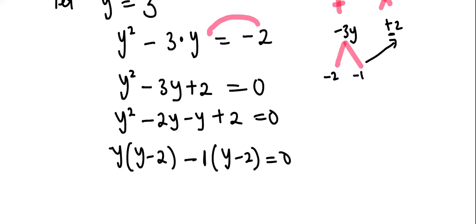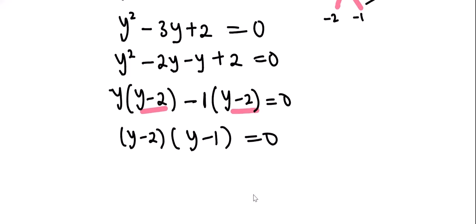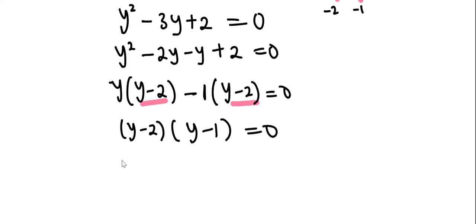So by factoring out y minus 2, which is common to both sides, I have y minus 2, and outside the parentheses, we have y minus 1 equals 0. So here, you can say that y minus 2 equals 0, or y minus 1 equals 0.